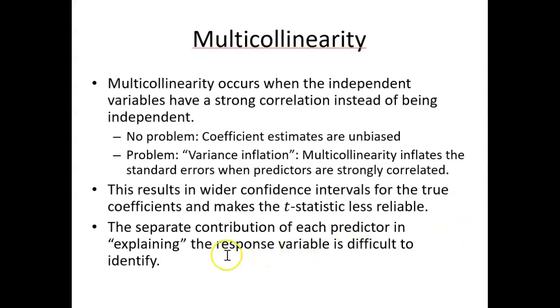And it is difficult to determine the separate contribution of each predictor. It's difficult to interpret what those contributions are. So multicollinearity is a common problem in multiple regression analysis.